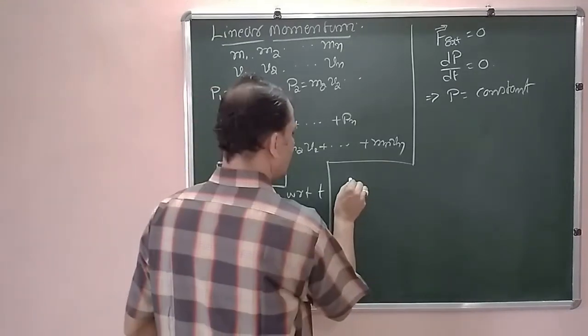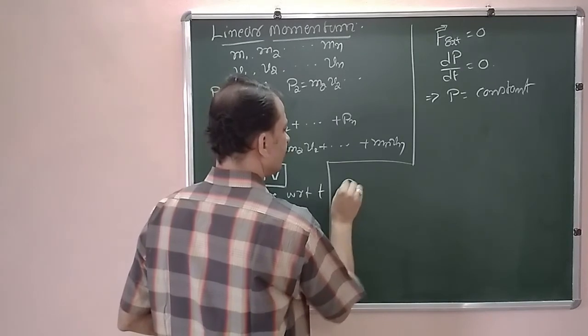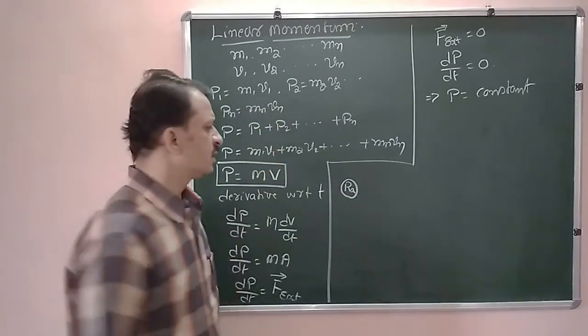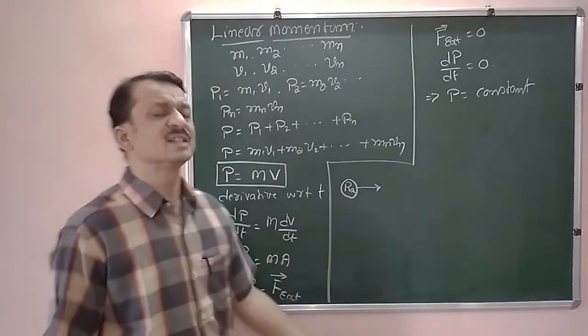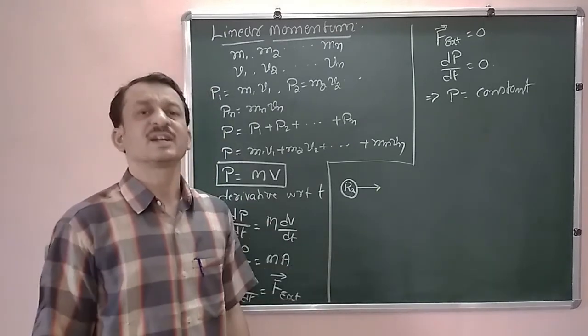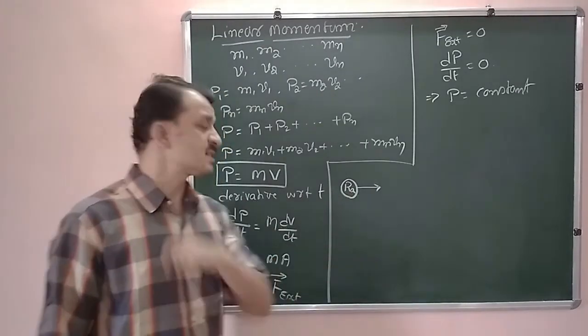Now we have a radioactive nuclide, radium. Radium is a radioactive nuclide, and it is moving. Since it is unstable, it is going to emit certain particles and change into other nuclides.